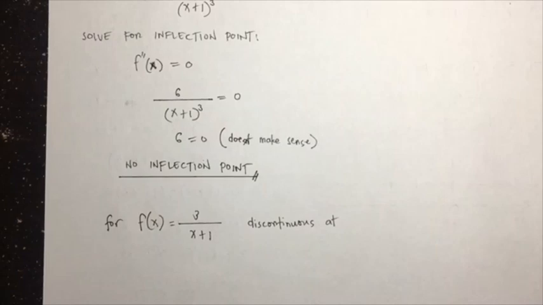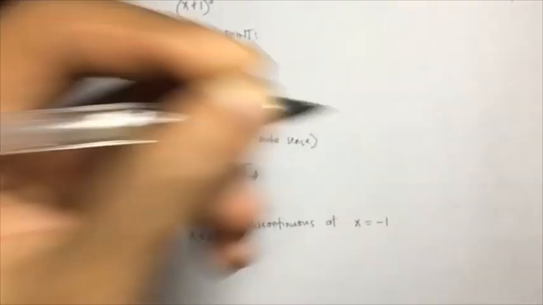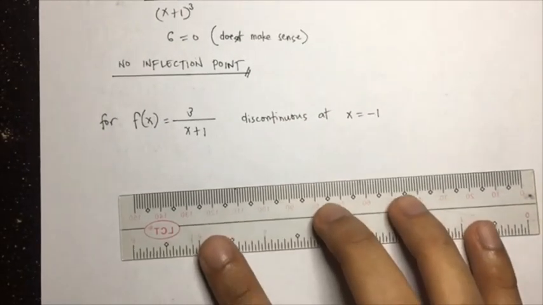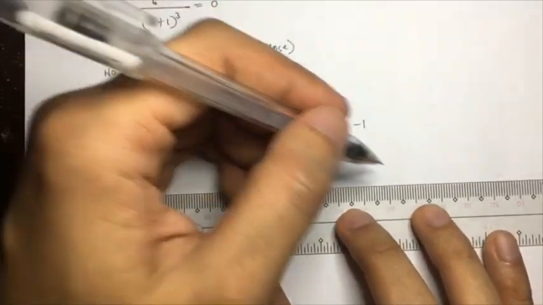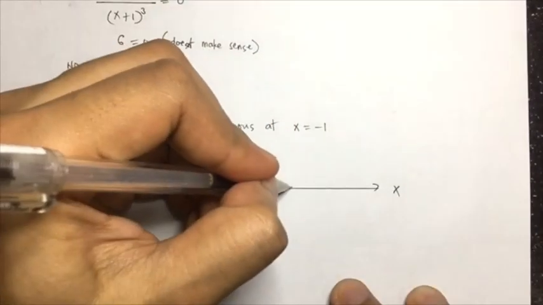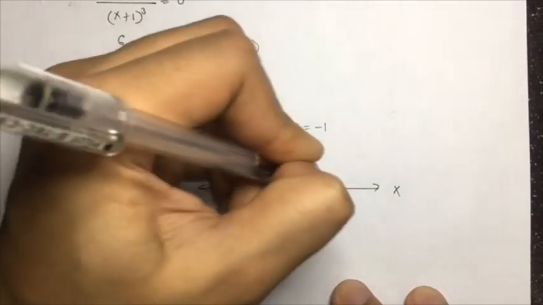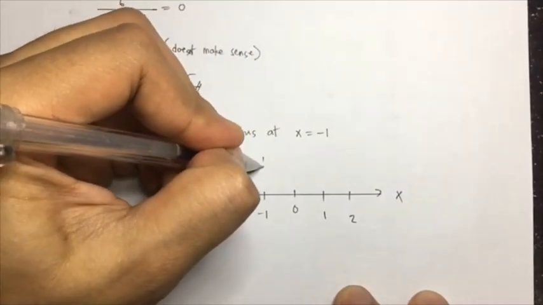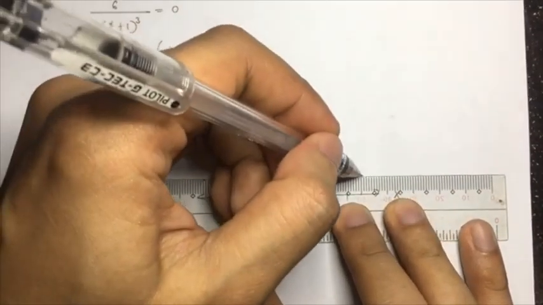So therefore we have a discontinuity at x is equal to negative 1, and that now will divide our interval. Here at x is equal to 0, this here is our negative 1, negative 2, then here 1, 2. So it's discontinuous at x is equal to negative 1.